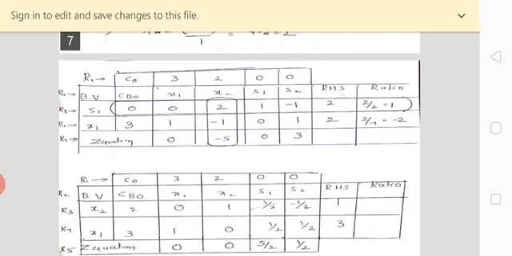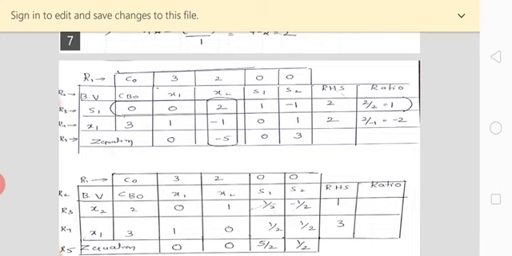Corresponding key column, under R3 what value will be there? See, a key column, because now x2 is my key column. Under R3, under the x2 column, my element will be 2. That 2 is going to be divided into RHS. This is what you are going to do for calculation to get my leaving row.